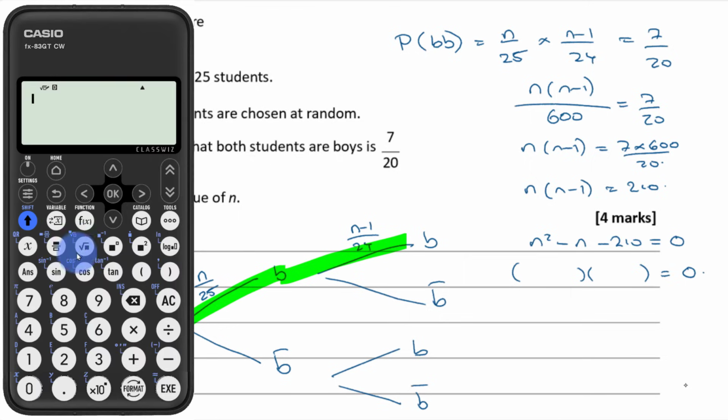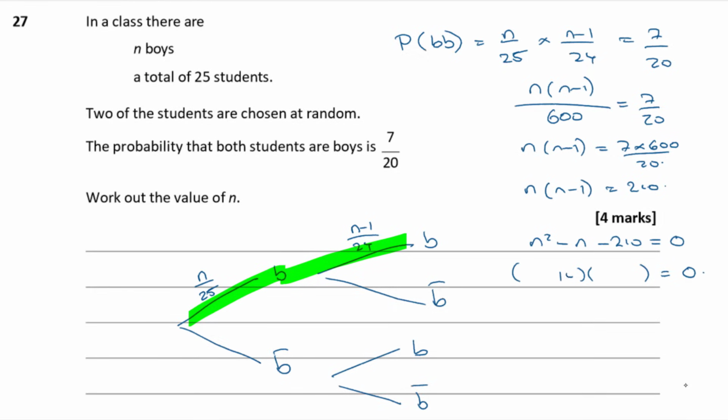Well, the root of 210 is about 14. So what about 14 and 15? 14 times 15? Yeah, that's 210. So I'm going to say that I've got 14 and 15 in here, and then n and n. It's minus 1, so the 15 needs to be the minus, and then the 14 is going to be positive.